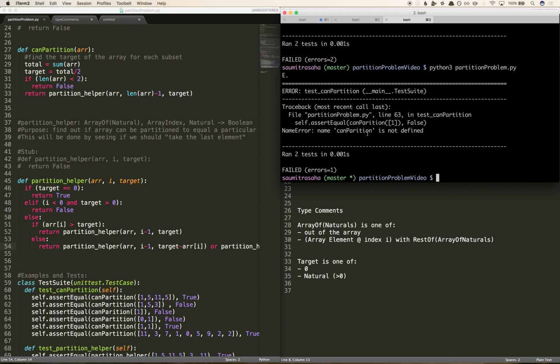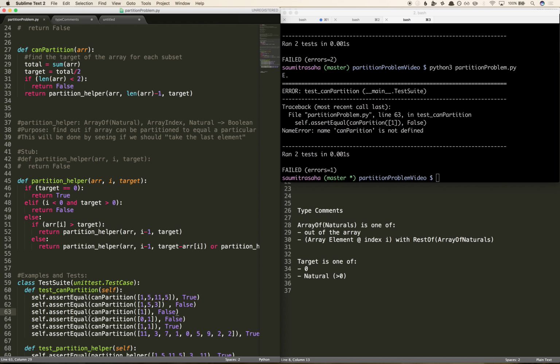Okay, so can partition. Okay, so this error is actually due to my misspelling mistake. This is one of those things I talked about earlier, making sure your tests are well formed. One thing that happened was that it wasn't well formed, and this is my fault, because I wasn't thinking in terms of Python.